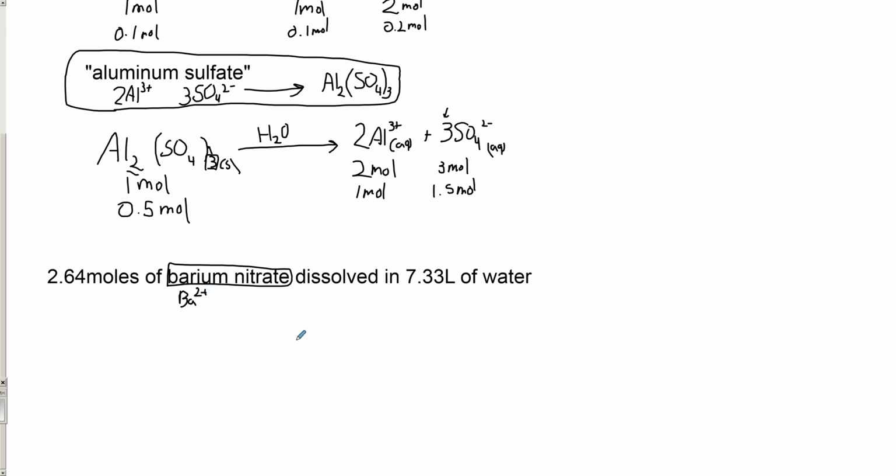I know that a barium ion has a +2 charge, and I know that a nitrate ion has a -1 charge. So I'm going to need 2 of those to make my chemical Ba(NO3)2.